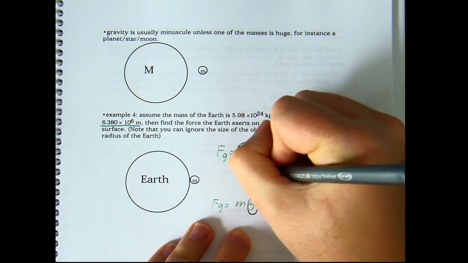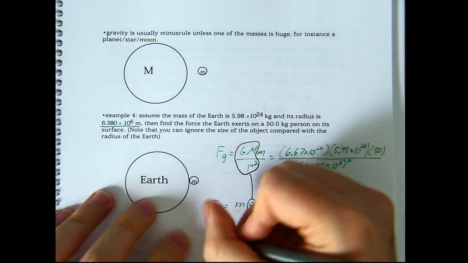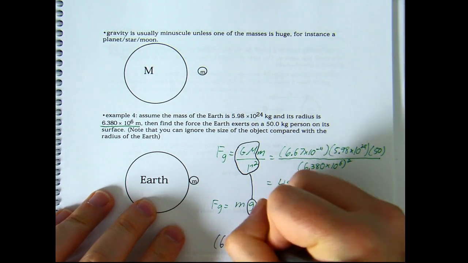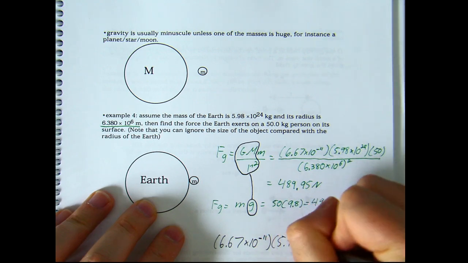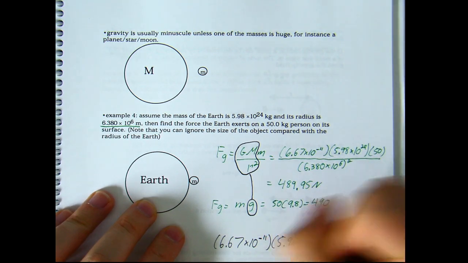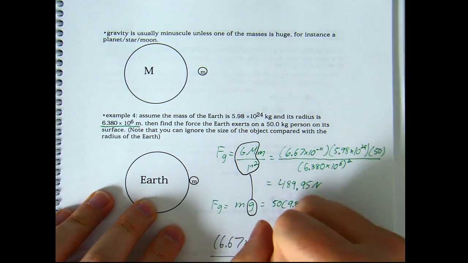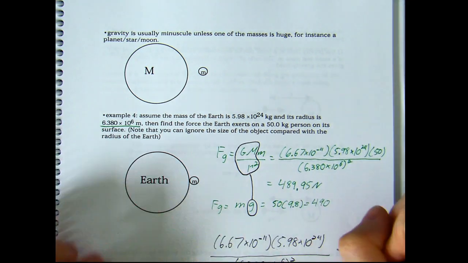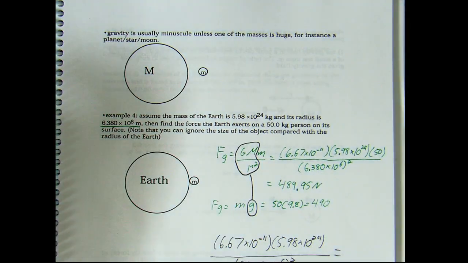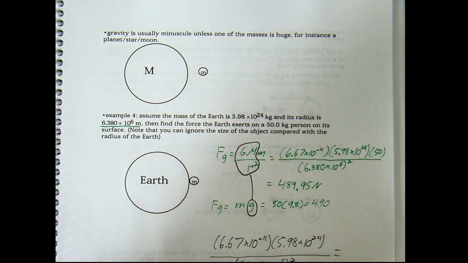You can see that when we run this through, and I'm going to do that right now, 6.67 times 10 to the negative 11 times the mass of our planet, 5.98 times 10 to the 24, divided by 6.380 times 10 to the 6 squared. If we run that, we're going to get a very familiar value.